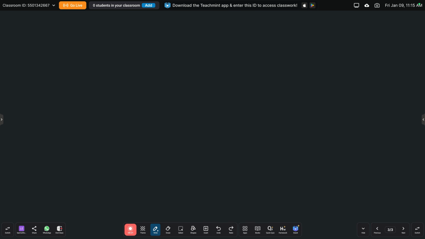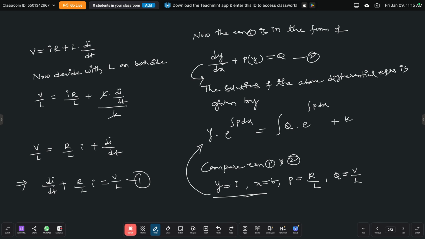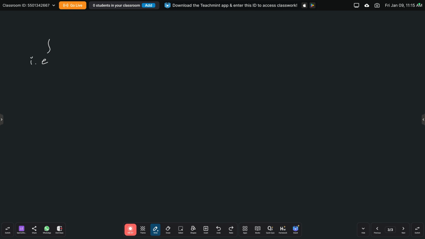first, the equation: y into e power integration of p dx. What is the value of y? Y is nothing but I into e power integration of p dx. What is the value of p? Here p is r by l.